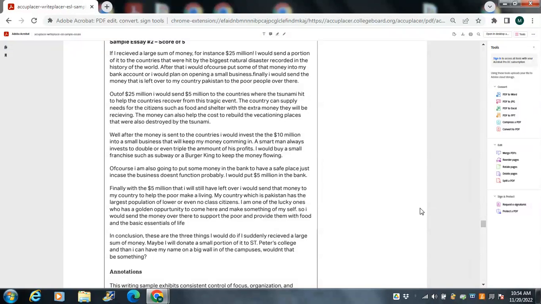The first thing that I notice is I count 1, 2, 3, 4, 5, 6 particular paragraphs. One of these paragraphs really feels less like a paragraph and more like just a couple of sentences. But with that in mind, I'm just going to go ahead and count it as a possible paragraph.